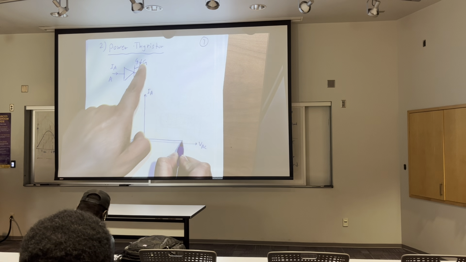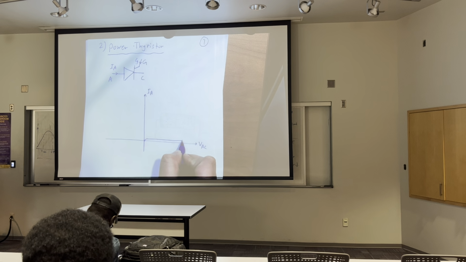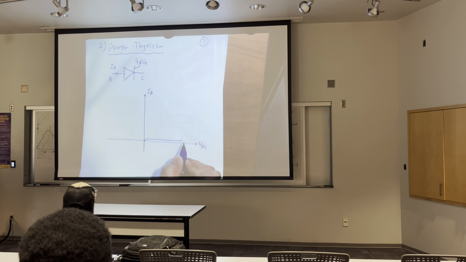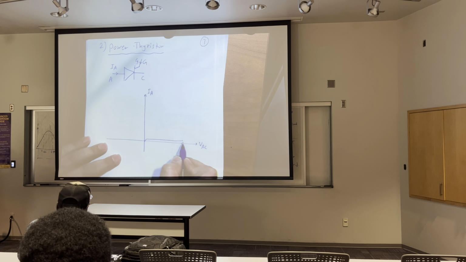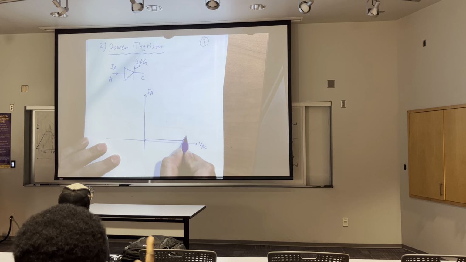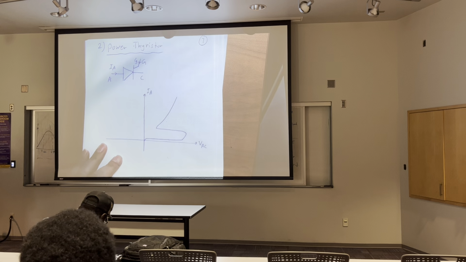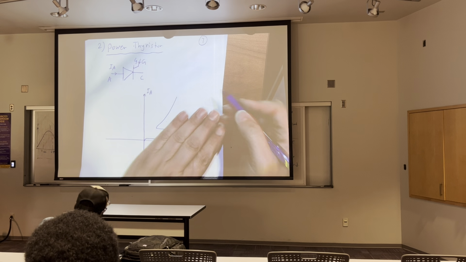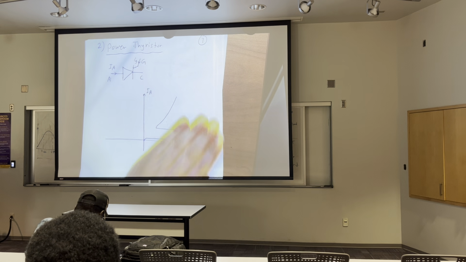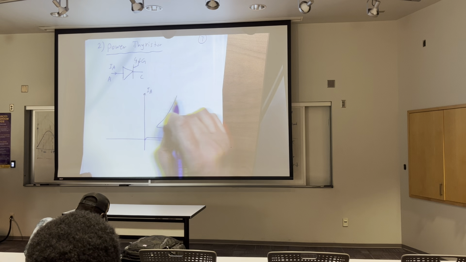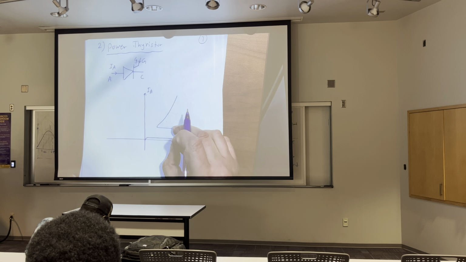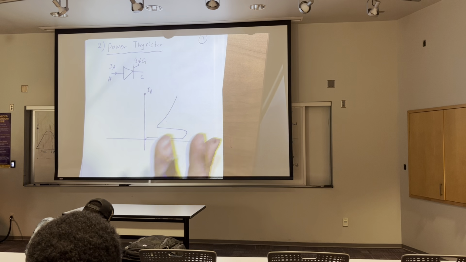When the gate is triggered by any method, by voltage or by current, it will behave as a diode, the same characteristic as the diode. But before that, it's forward but off.